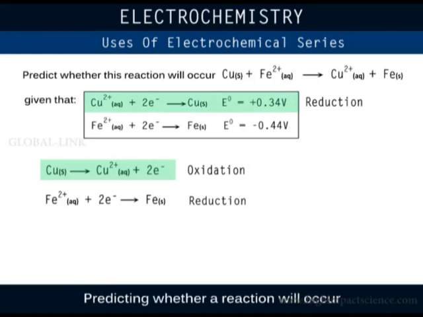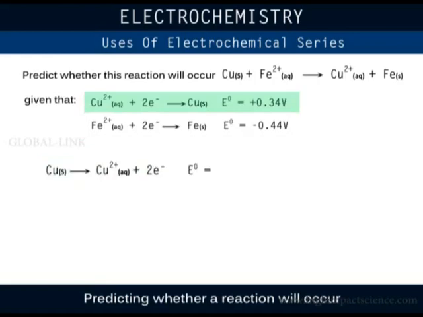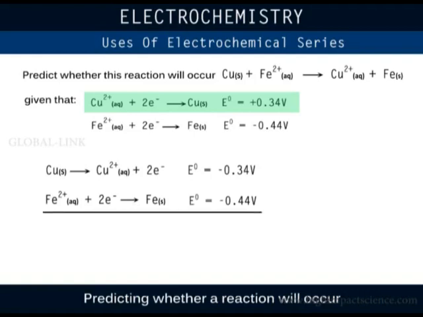So we reverse it. The standard electrode potential now becomes negative 0.34 volts. Iron remains the same. We get the overall, and we shall have copper plus iron 2 ions gives us copper 2 ions plus iron. Standard electrode potential of the cell is equal to negative 0.78 volts.